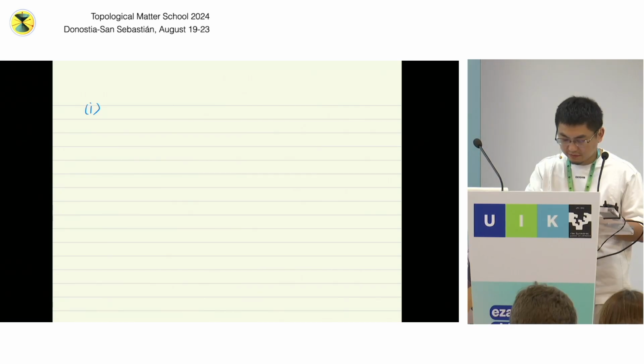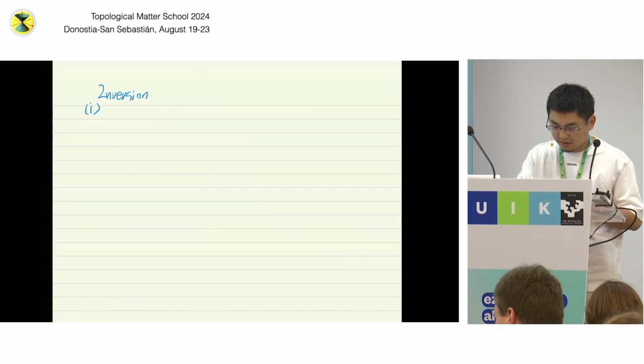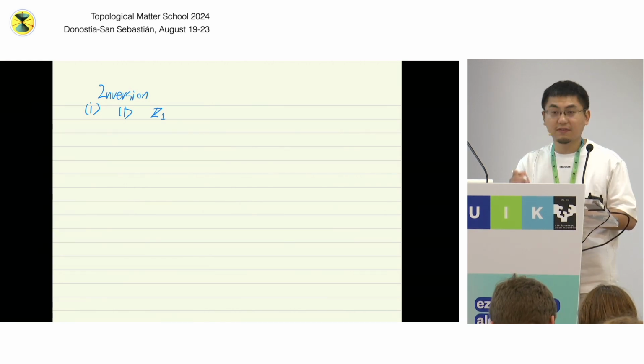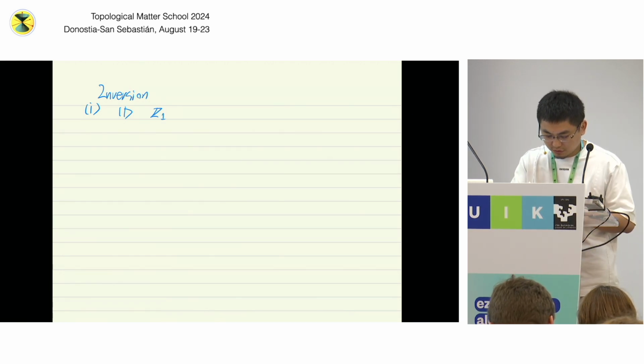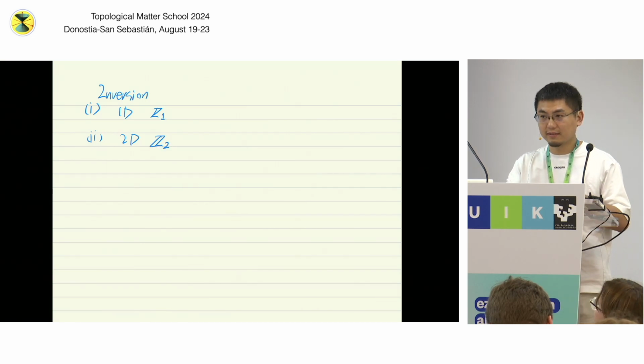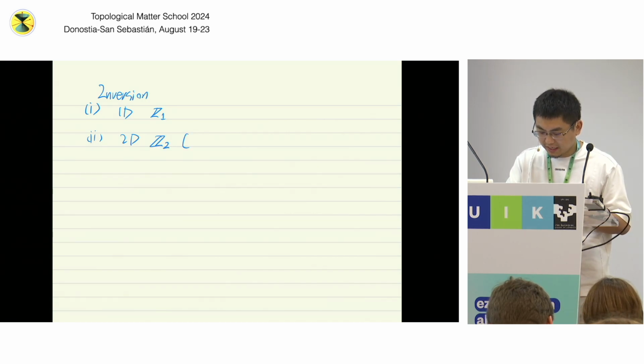So we remember that in 1D, in a 1D space group with inversion symmetry, we have a trivial classification, right? And in 2D, we have a Z2 classification, and this Z2 is just the parity of the Chern number, right?